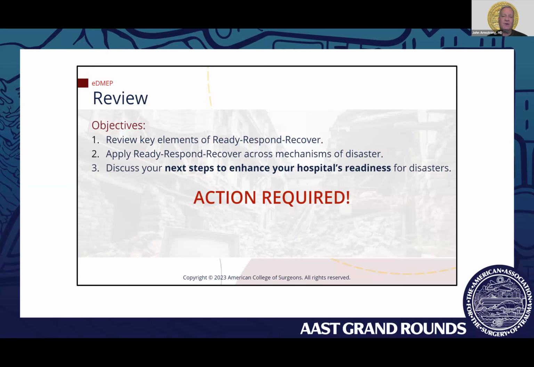What am I going to do with what I have just experienced so that I continue my growth as a readiness clinician, and I engage my colleagues across specialties, disciplines, and professions, and hospital leaders, as well as leaders in the community, to understand the importance of ongoing readiness and ways to enhance the same.